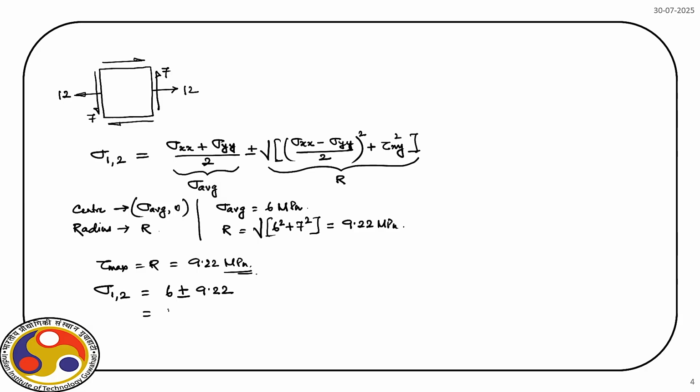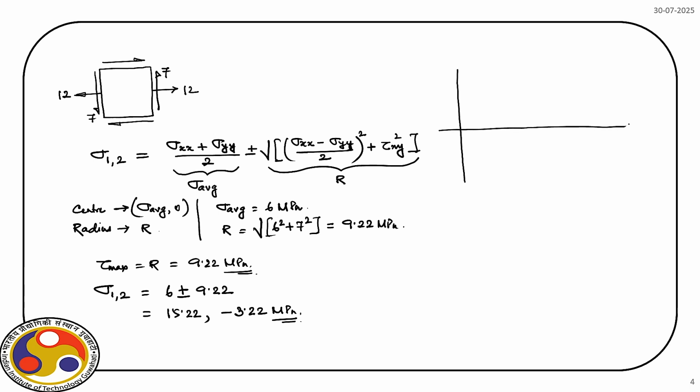So, one is 15.22, another is minus 3.22, right. So, these are the two principal stresses.